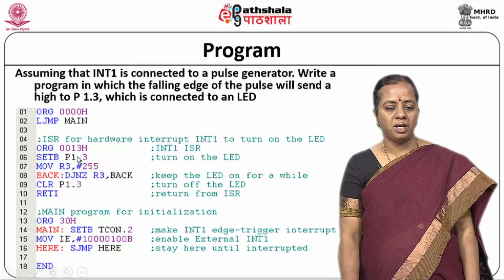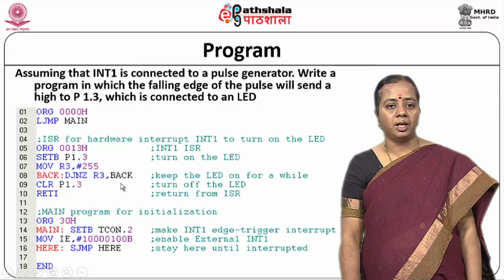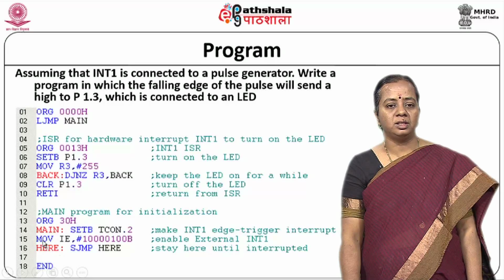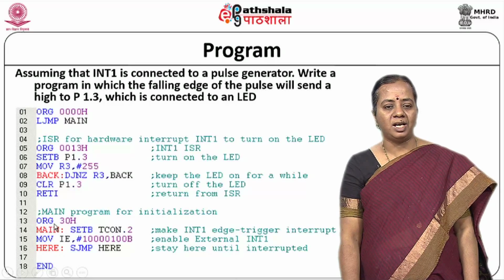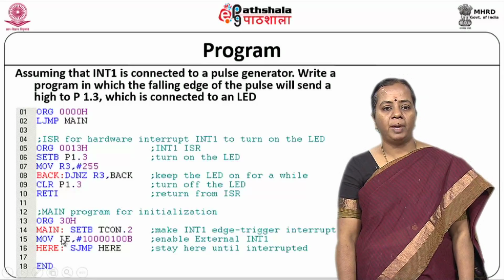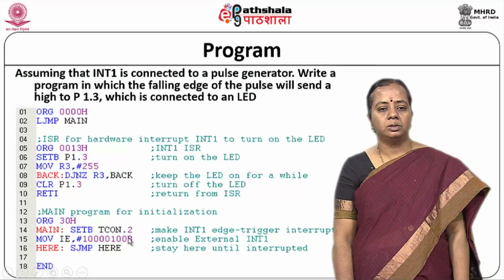This is the same thing we have done already, but we want this to be invoked only on edge triggering, that means only when I get a falling edge. The difference in the main program, which starts at 30H, is SETB TCON.2.